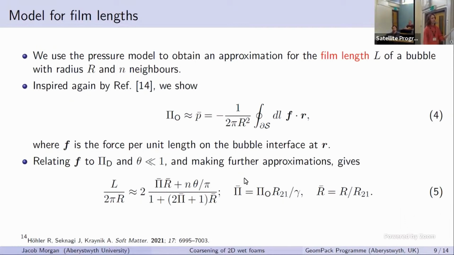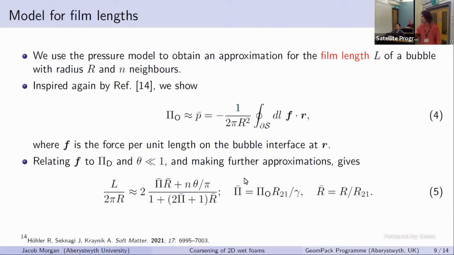So little f is related to the disjoining pressure alone, and that can be estimated within the films and can also be estimated to give singular contributions at the end of the films due to that little attractive component to the disjoining pressure as the interfaces of the film move apart from each other, which gives rise to the contact angle. And so by putting those into equation 4 and making further approximations, in particular that the bubbles are circular, which of course they aren't, one gets an approximation for the film lengths after rearranging.